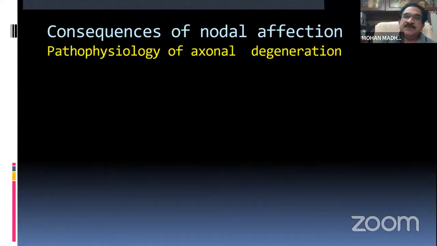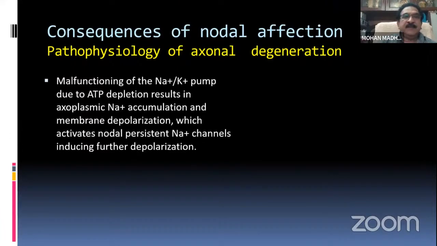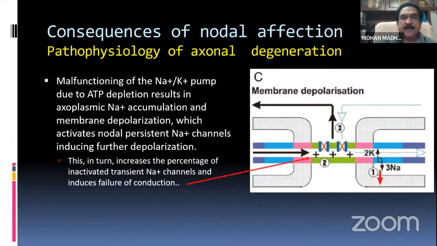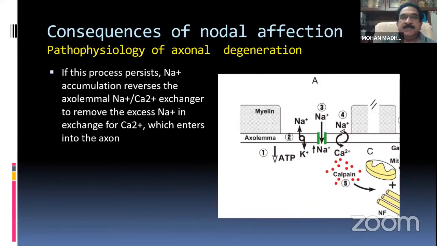And this is the pathophysiology of axonal degeneration, which can also occur due to nodal affection. This is because of the malfunctioning of the sodium-potassium pump. As told earlier, because of the failure of the pump, the sodium is accumulated inside the axon, causing further depolarization. If the process continues, sodium accumulation reverses the axonal sodium-calcium exchanger.